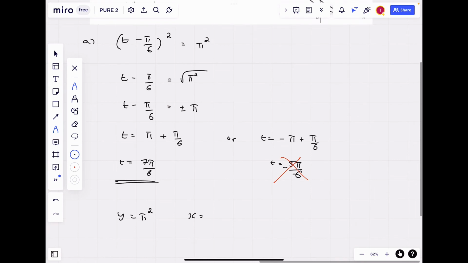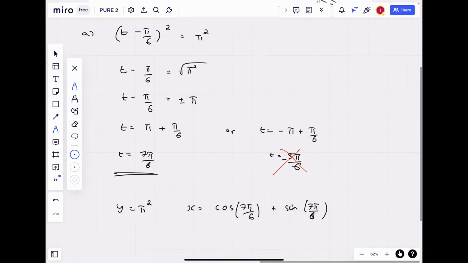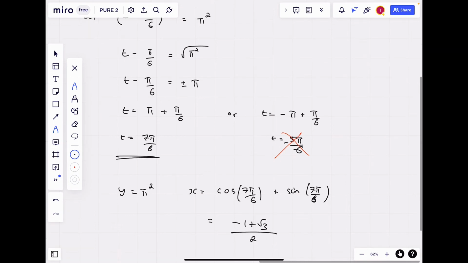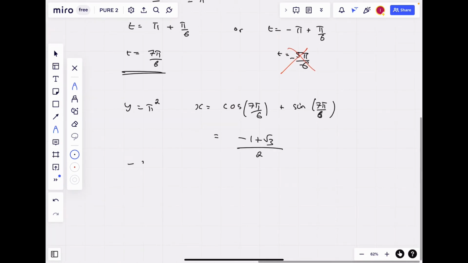Because now you can plug 7 pi over 6 into the x parametric. And then when you simplify that, you get (-1 plus root 3) all over 2. So your coordinate is that, and pi squared. That's where your curve crosses y equals pi squared.